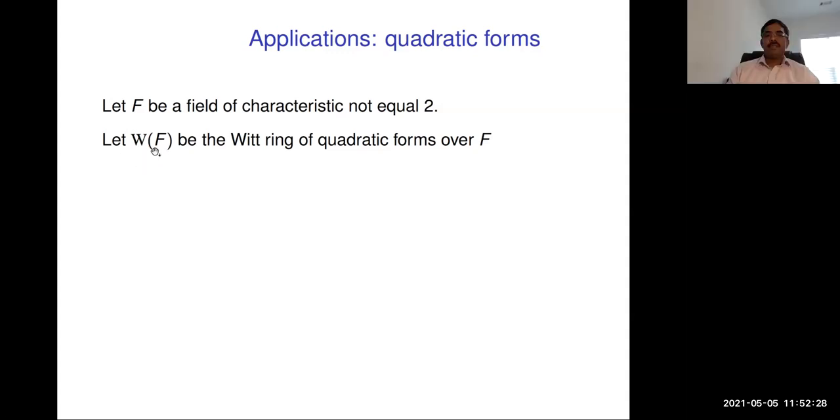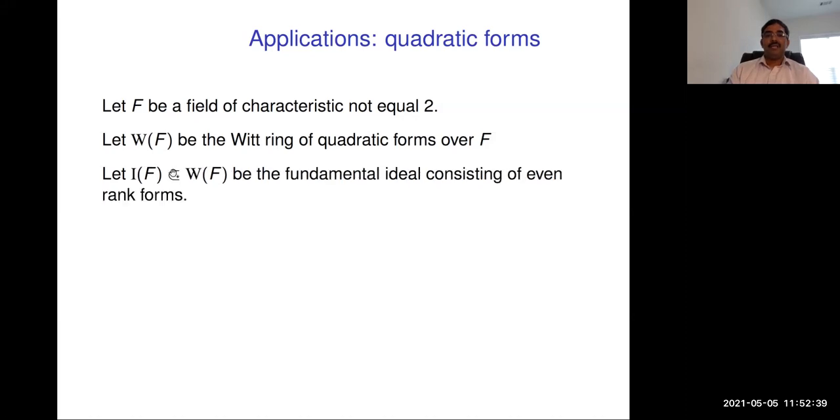So in other words, W(F) is in bijection with the set of isomorphism classes of anisotropic quadratic forms over F. And inside that, you have the fundamental ideal consisting of even rank forms, or even dimensional forms.